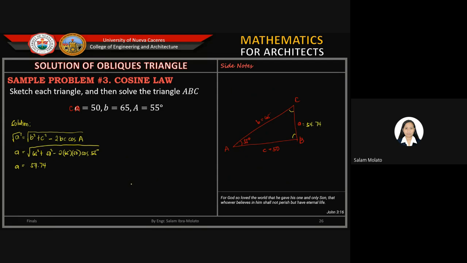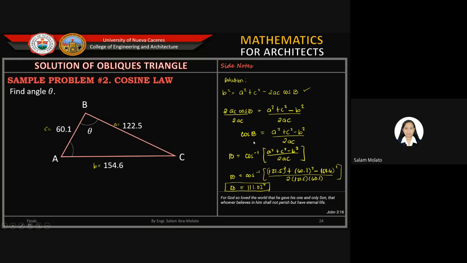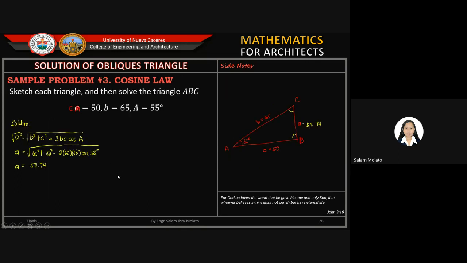How about for angle C or angle B? So for angle B, say I will compute for angle B. Since we already derived the equation for angle B, this is what we derived, right? Cosine B is equal to A squared plus C squared minus B squared over 2AC. So you can actually use this. Or again, you derive it again.